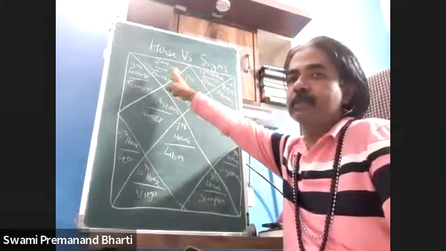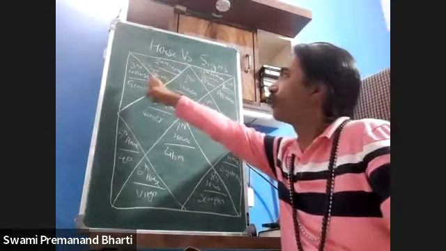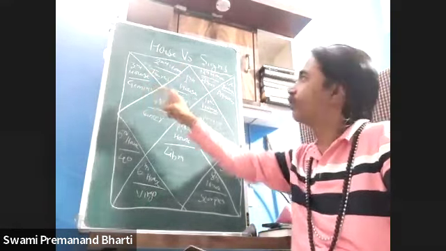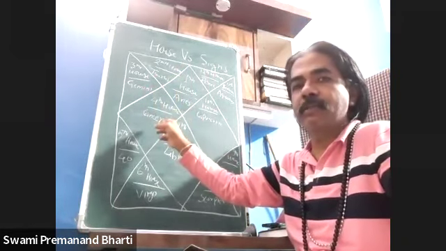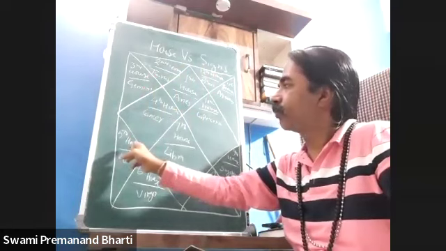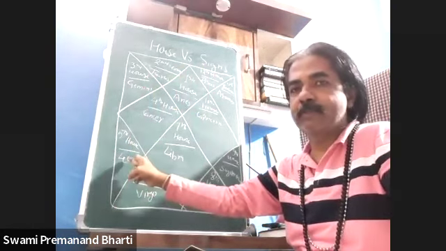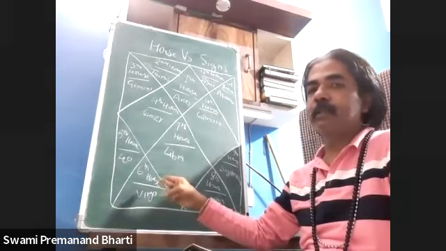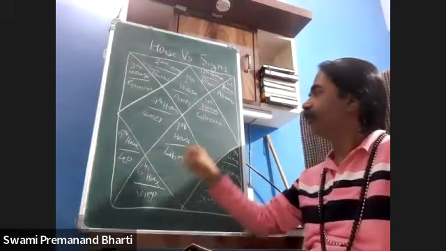Likewise, second house has the same energy which Taurus, the second sign, has. Third house has the same energy which Gemini, the third sign, has. Fourth house has the same energy which the fourth sign, Cancer, has. Fifth house has the same energy which Leo has, the fifth sign. Sixth house has the same energy which the sixth sign, Virgo, has.